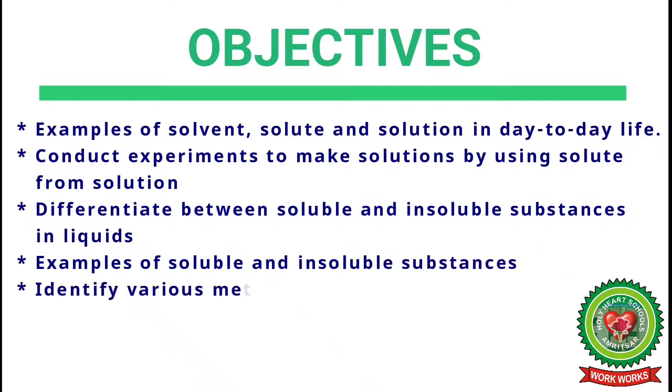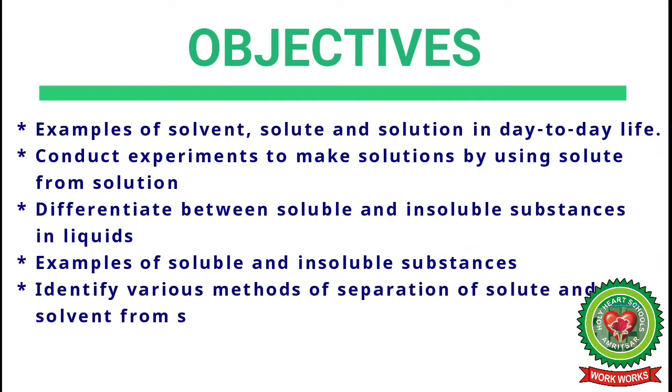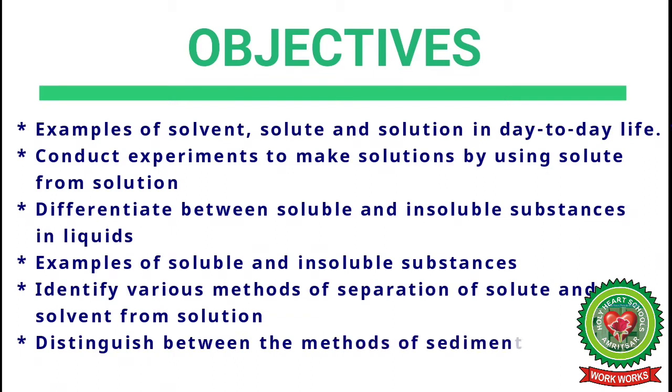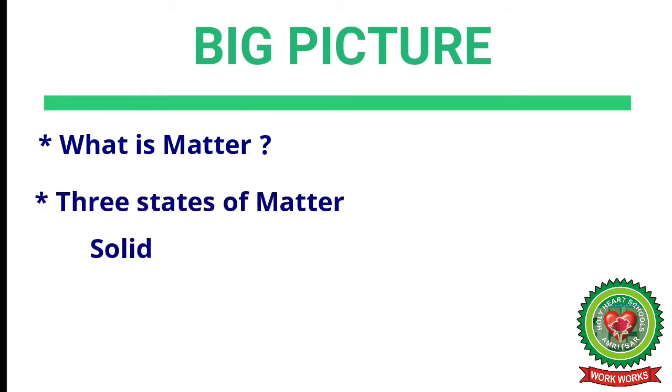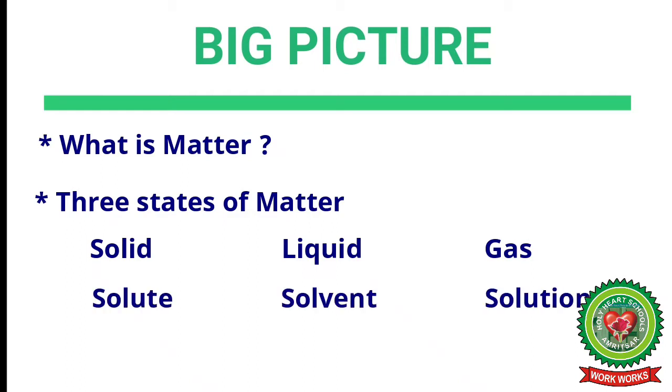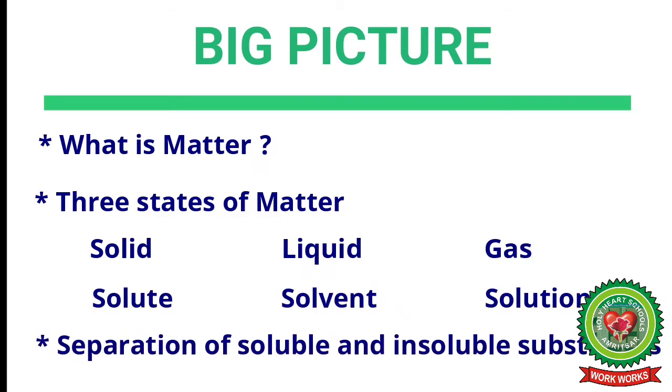Identify various methods of separation of solute and solvent from solution. Distinguish between the methods of sedimentation, filtration, and evaporation. In this chapter, we will also study what is matter, three states of matter, solid, liquid, and gas, solute, solvent, and solution, separation of soluble and insoluble substances.